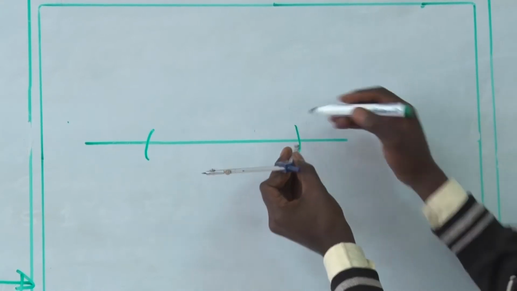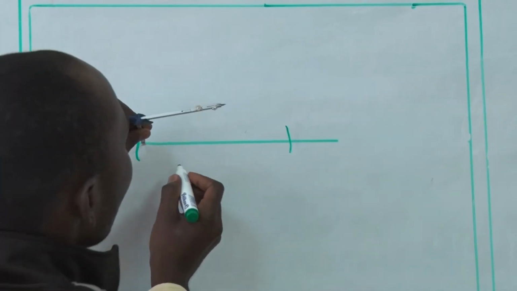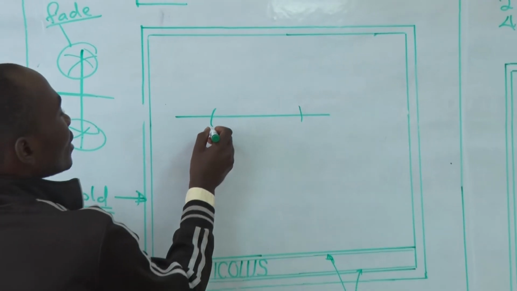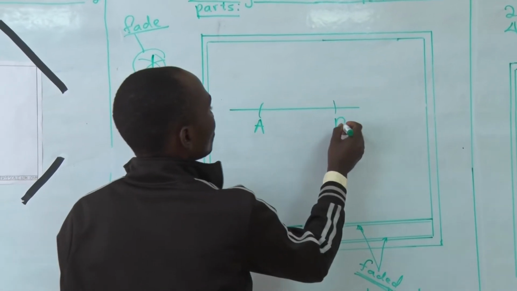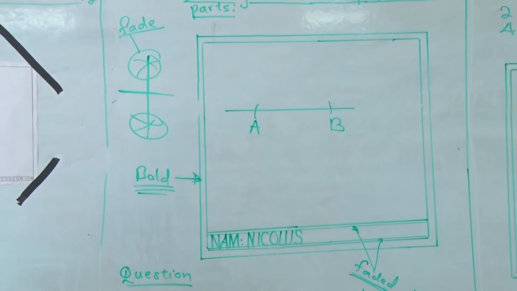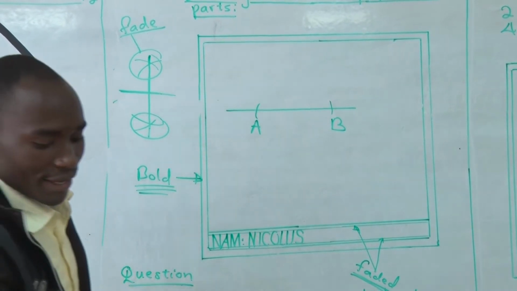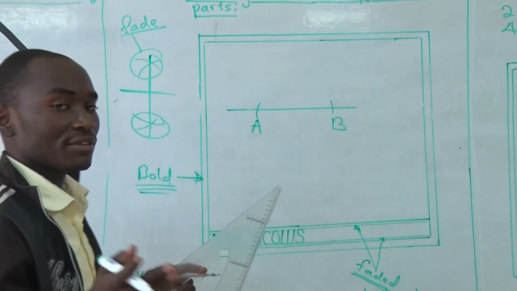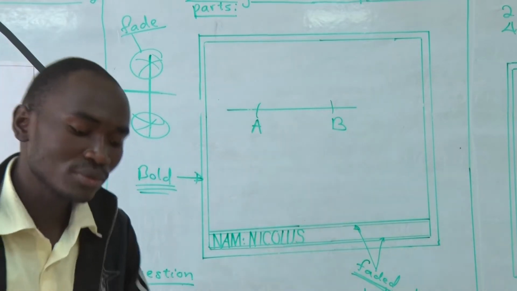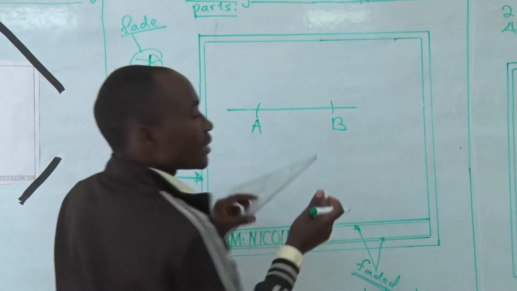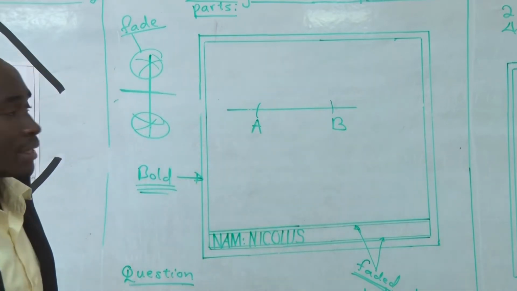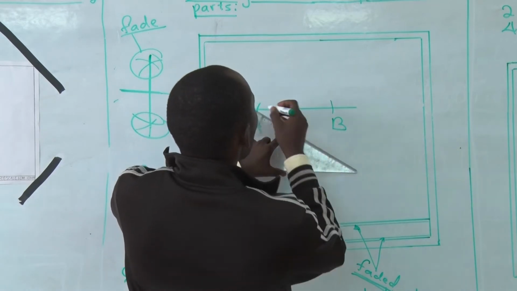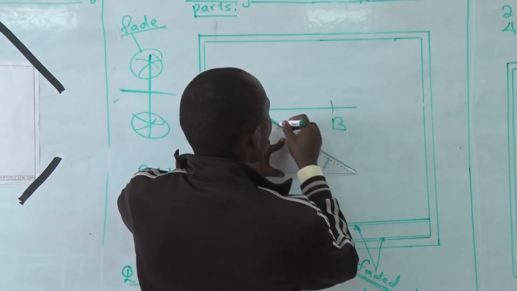I will call these two marks A and B. Second, you will draw a line below this other line like this at any given angle. You can choose any angle as long as it is not more than 60 degrees. So you will draw your line at this point.